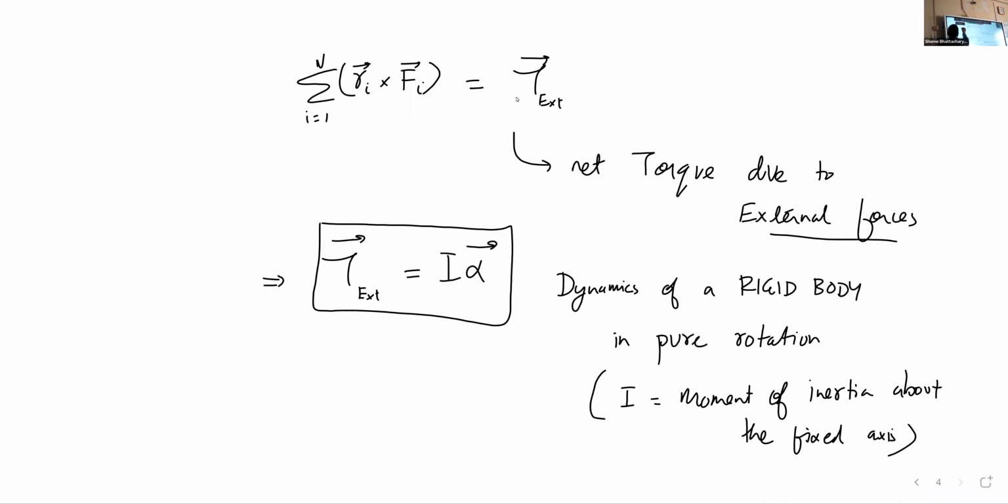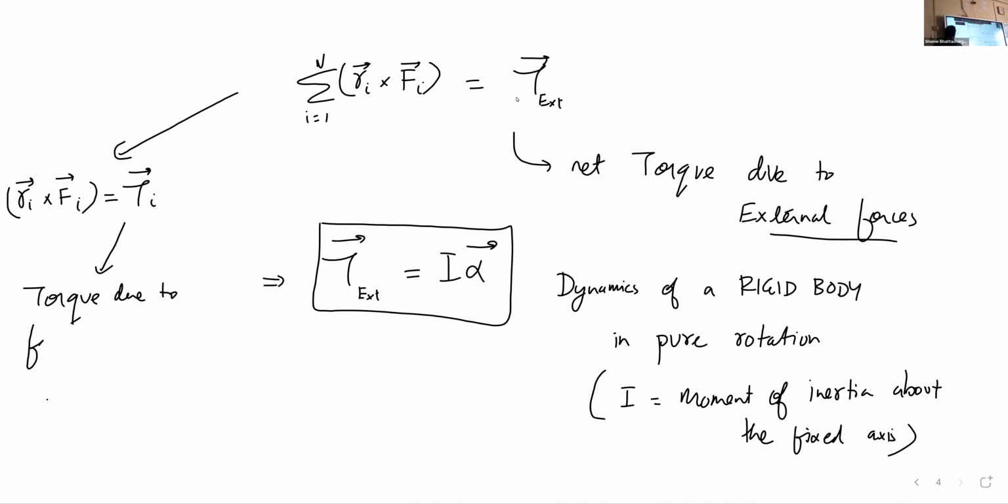And in this equation, any individual term Ri cross Fi is like the torque due to the force Fi about the given axis.